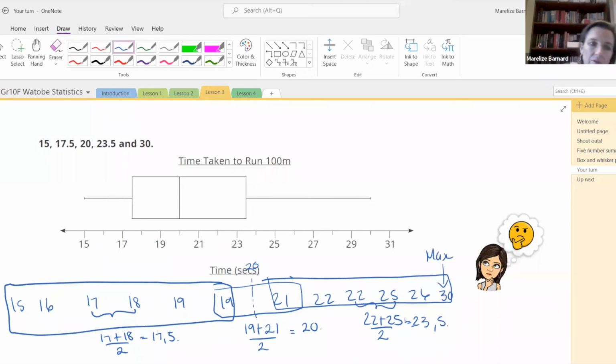So those of you who have asked me about what to do with an even number of data values, this is it. You average the middle two to get the median, and then from that average value that you found, in this case 20, from that point down, that's the lower half of your data. You find the middle of that, that's 17 and 18. And you do the same with the upper half.